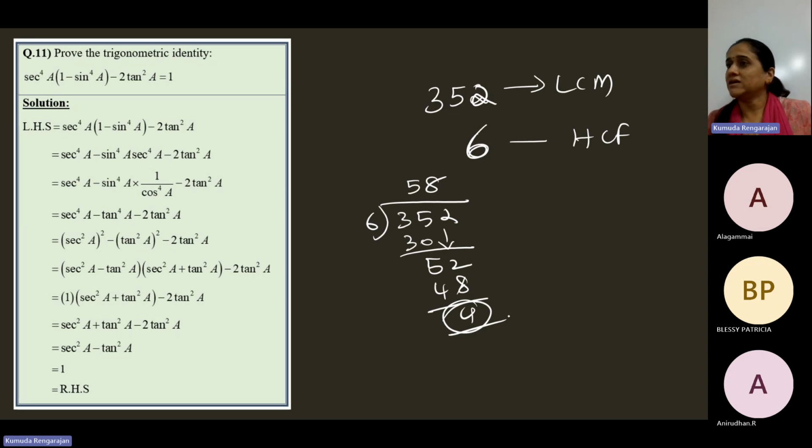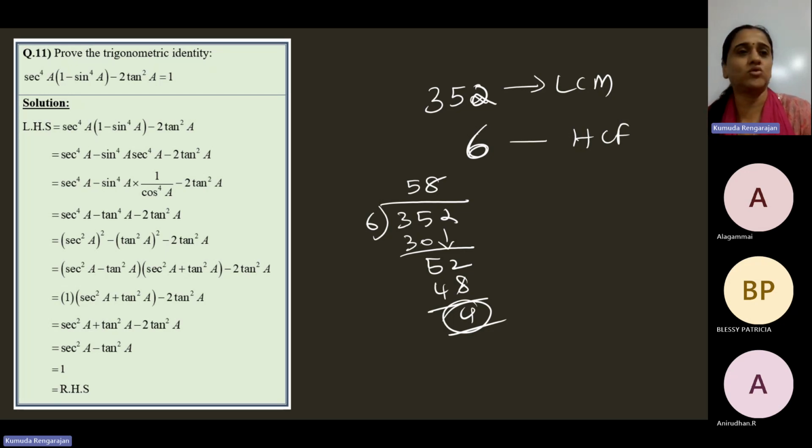So there are no two numbers which can have 352 as the LCM and 6 as the HCF. There can be two numbers which have 352 as LCM, or two numbers which have 6 as their HCF, but there exist no two numbers with both together.